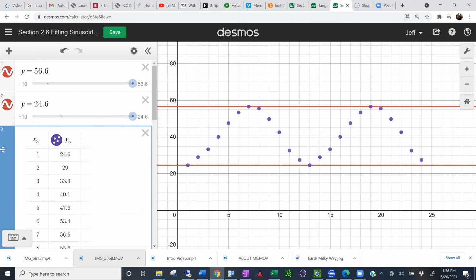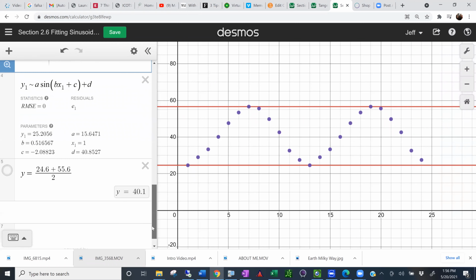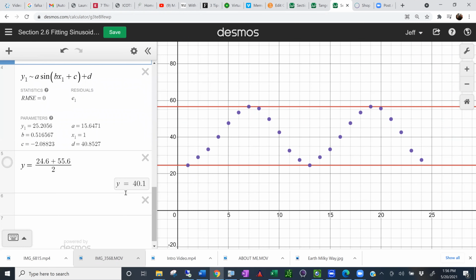That average will tell you this middle line here. So let's see what that average is. And let's see. That average is 40.1. So if I put in that line, y equals 40.1, there you go. That's my middle line. Great.